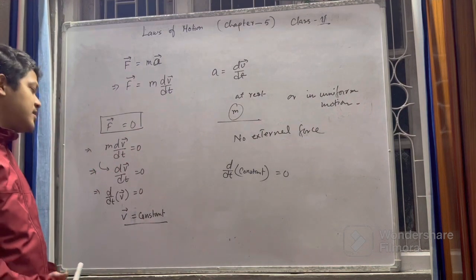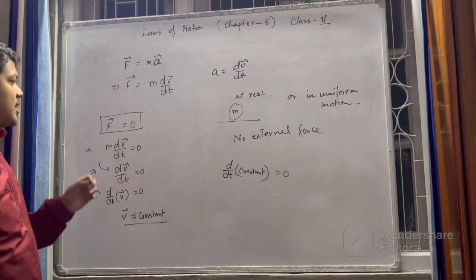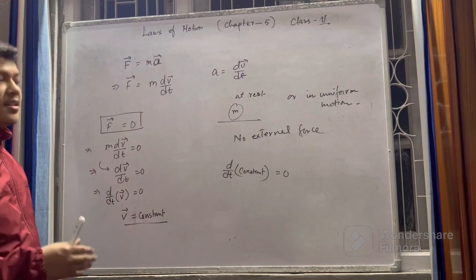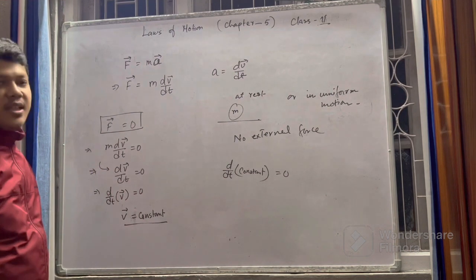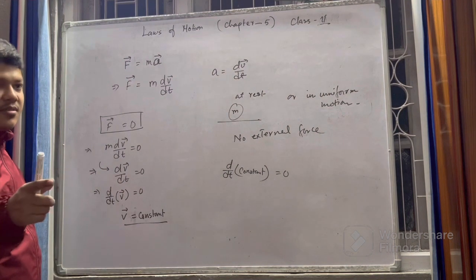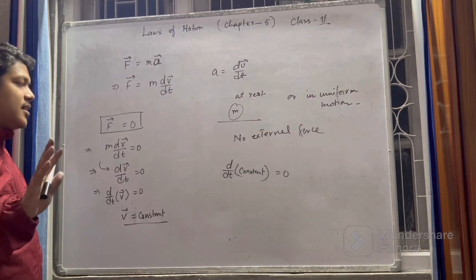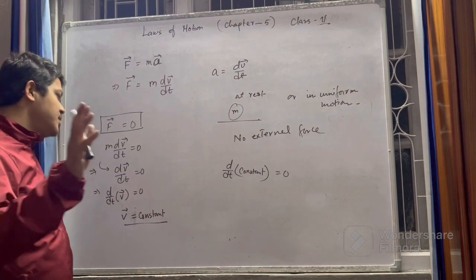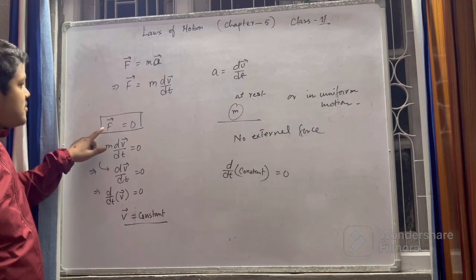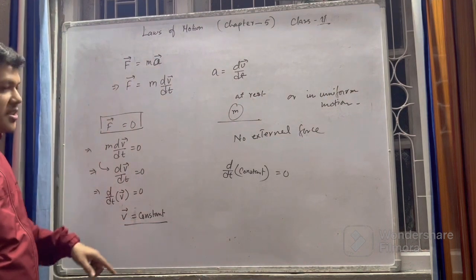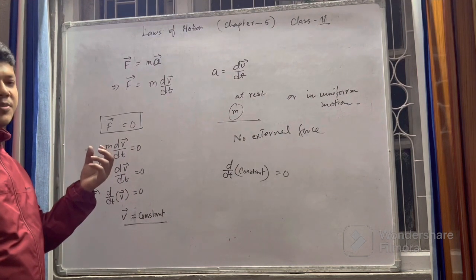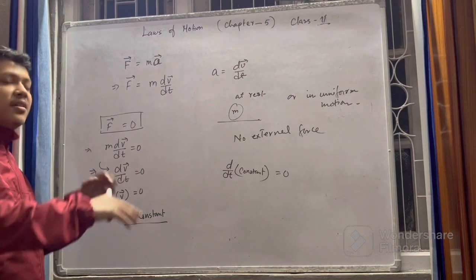So what was the first law? The first law says that an object continues to be in its state of rest or uniform motion unless and until an external force acts on it. Okay. So unless you apply any external force, that means F is equal to 0, then v is constant. v is constant means if it is moving with a uniform velocity, suppose 5 meter per second, it will continue moving with 5 meter per second.